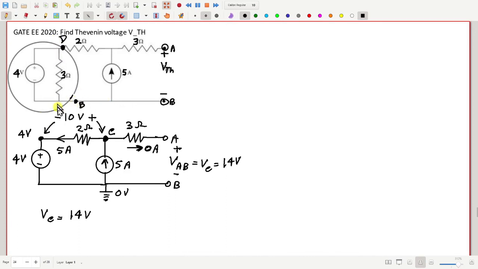So how much is the Thevenin voltage between D and B? That is 4 volt. How much is the resistance between D and B? That is 0. Right? So that's why this 3 ohm is not of any significance.